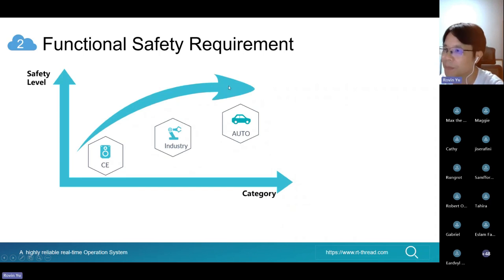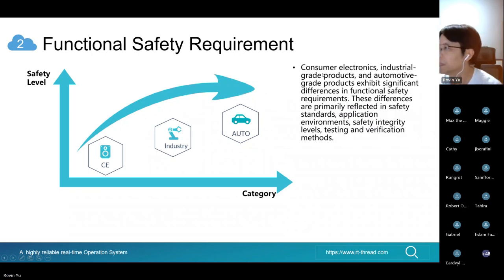In this diagram, we can see different products have different safety levels. Consumer electronics, industrial-grade products, automotive-grade products exhibit significant differences in functional safety requirements.